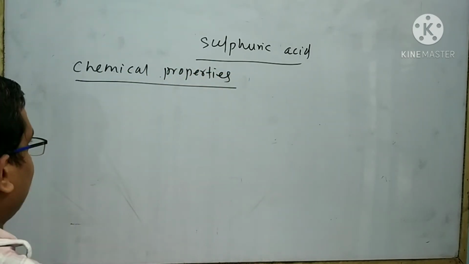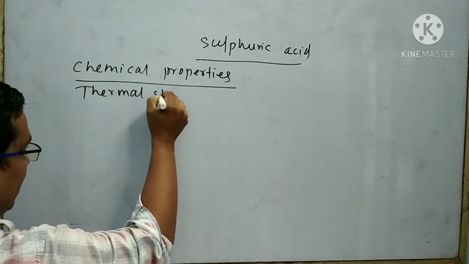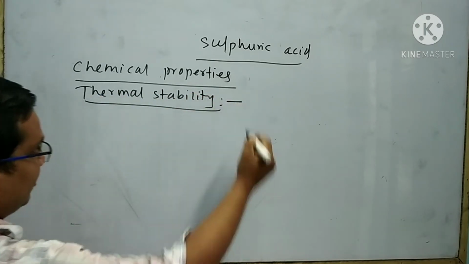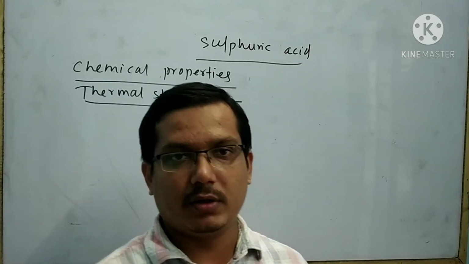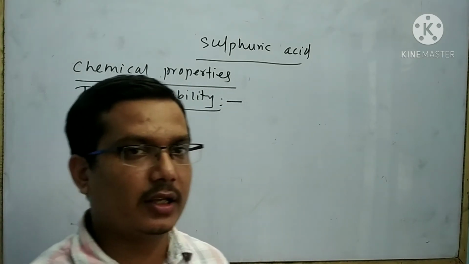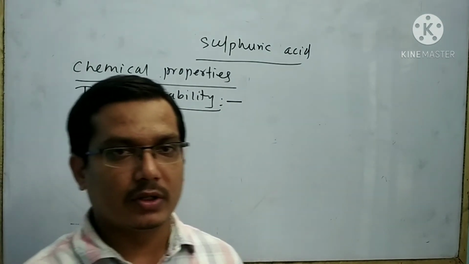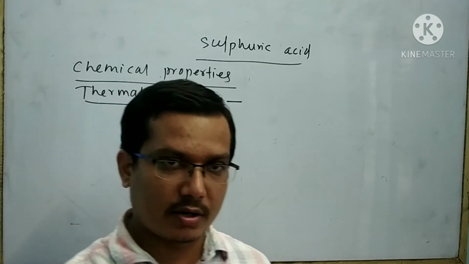At first I will discuss about the thermal stability of sulfuric acid. H2SO4 is quite stable. However, on strong heating, H2SO4 undergoes decomposition to form sulfur dioxide or sulfur trioxide and water molecule.